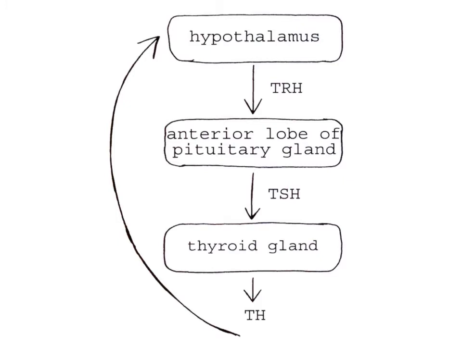So the levels are homeostatically regulated. And this is actually referred to as a negative feedback system, because it is the end product, that is the thyroid hormone, that is inhibiting the release of its own initial releasing factor.